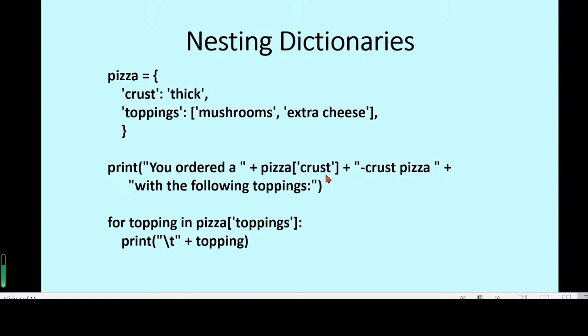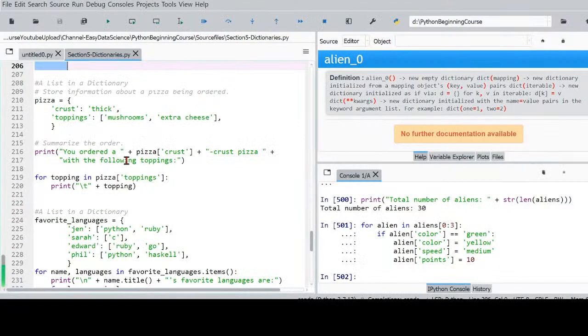You order this type of pizza with the following toppings. Then inside the toppings, print each topping. So we create a dictionary, pizza, with two keys, and for the toppings, the value is a list.